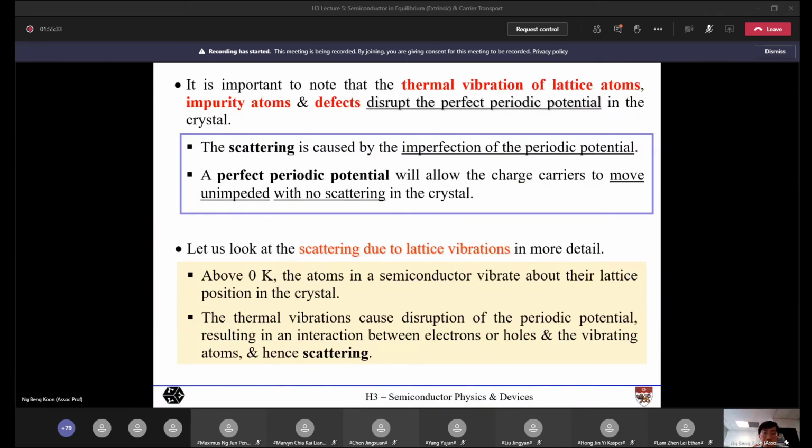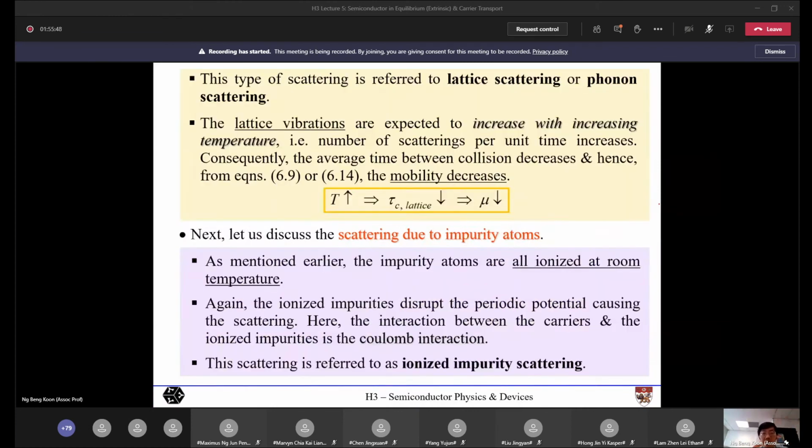So let's look at the first effect, which is the lattice vibration due to thermal effect, the vibration of the atoms. This collision process is also known as a scattering process, because it scatters the carrier in a different direction. For this type of scattering, the thing we need to understand is how it depends on temperature.